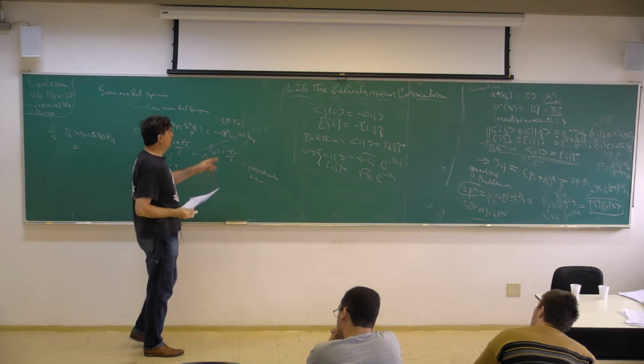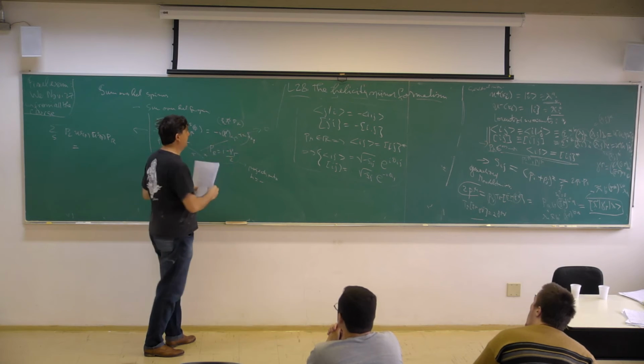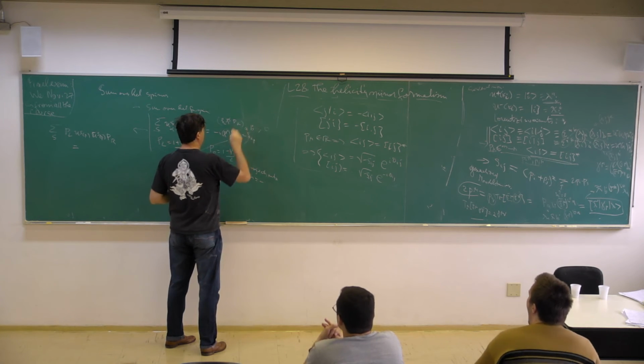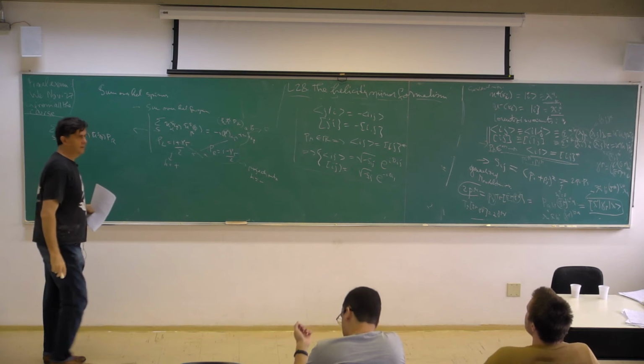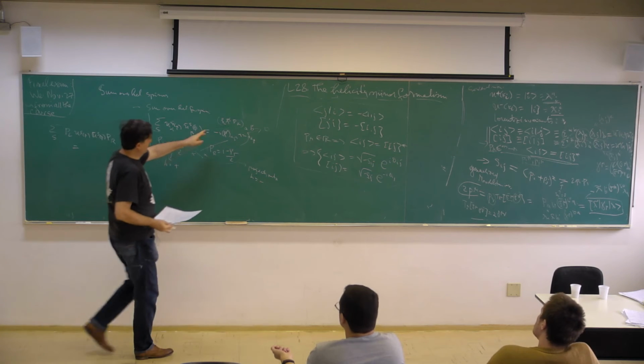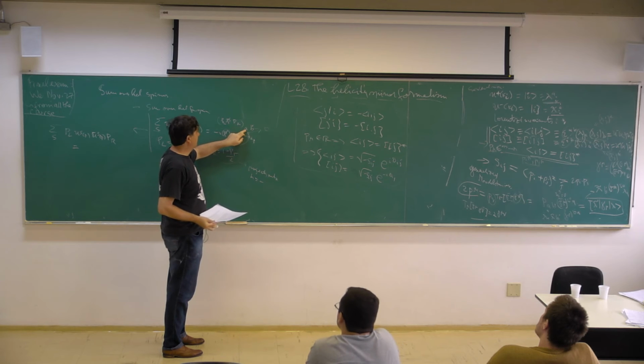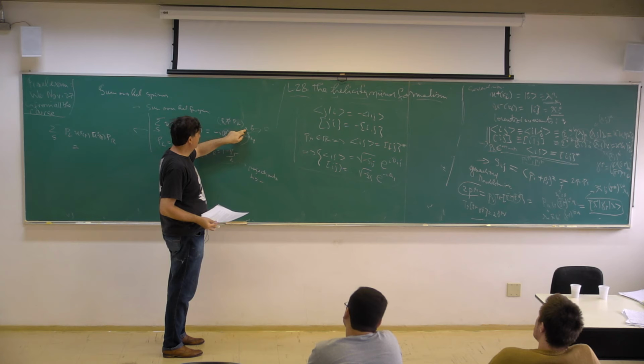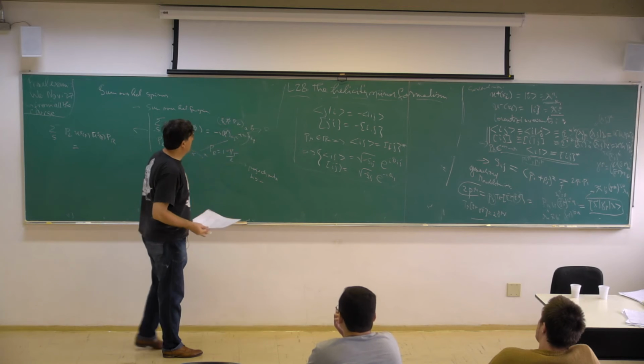This one would have non-zero components only in the directions A, B dot, right? Because this one projects onto the direction of chirality left, which means A, and this one projects onto the direction of chirality right, which means B dot.